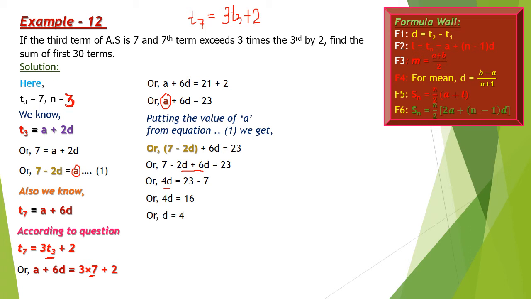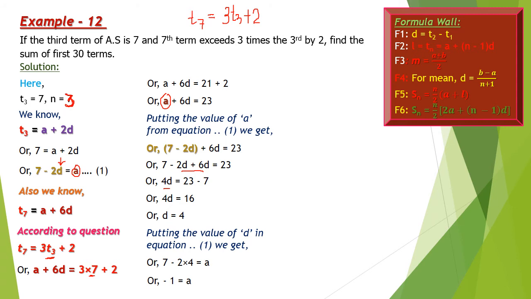Now we can put the value of d in equation 1. We can easily get the value of a. Right here we are going to replace the value of d as 4. 7 minus 2 into 4 equal to a. 7 minus 8, that is minus 1, is equal to a.